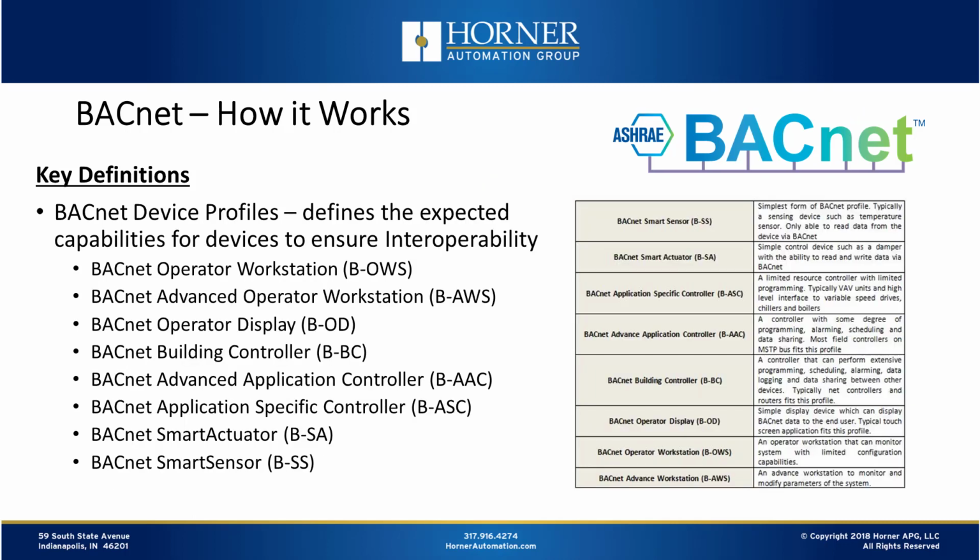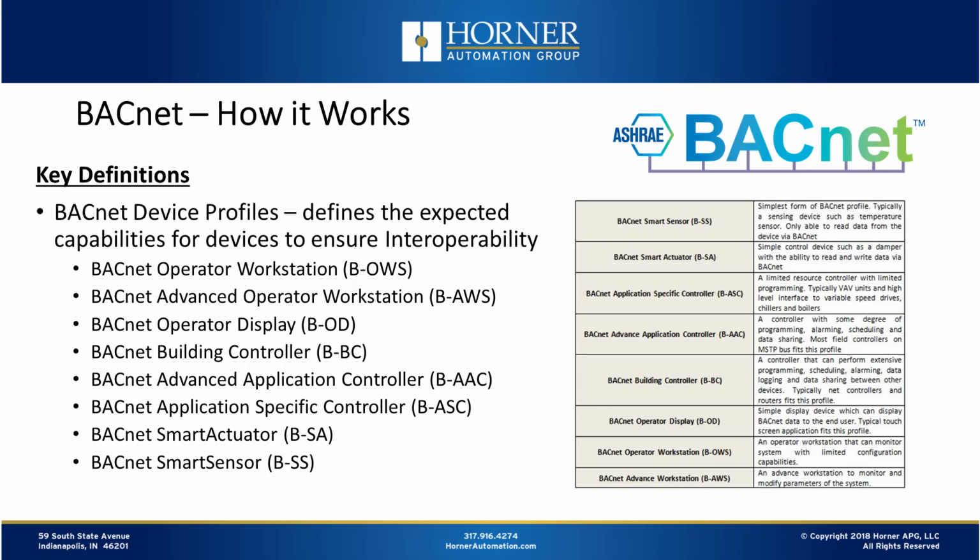Now, to ensure interoperability between devices, one thing that BACnet does is, while it defines a device in general as a collection of objects, it does categorize devices into different types. They have seven different types of devices which are predefined.